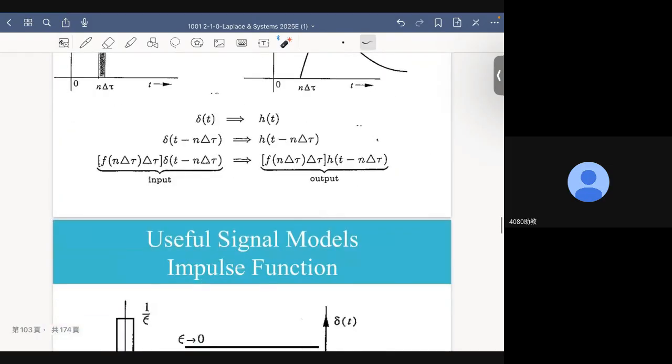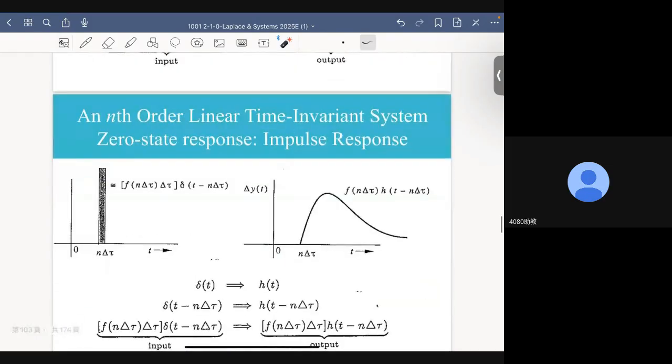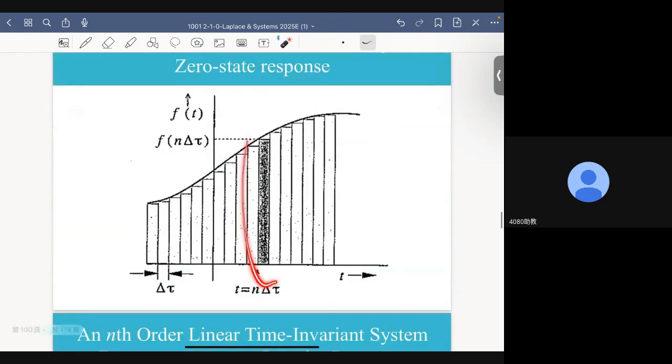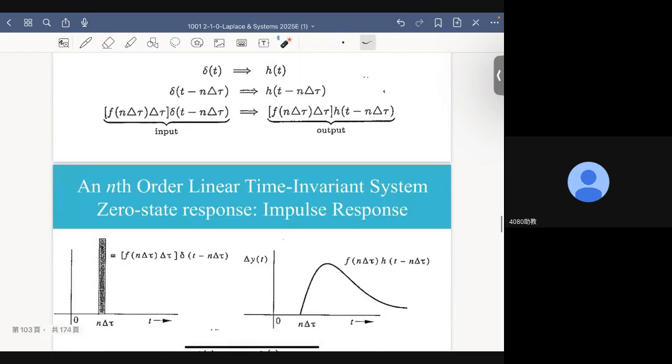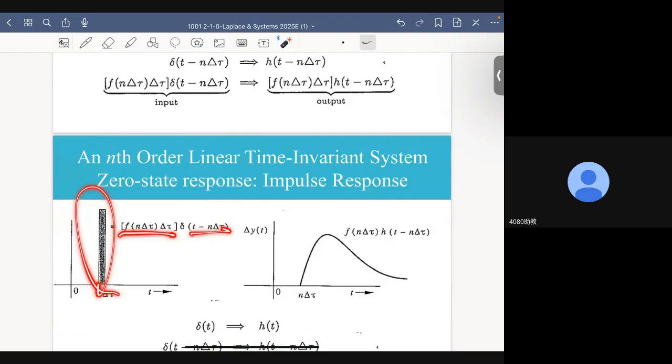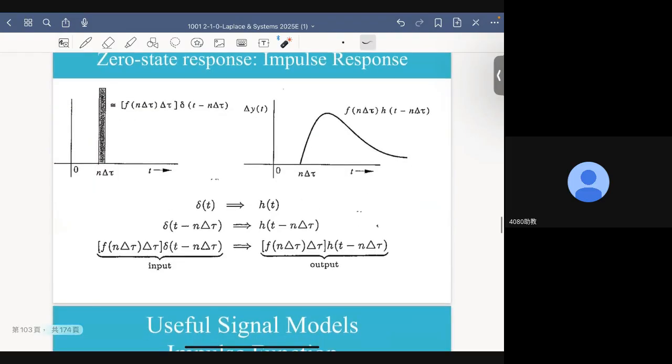So the impulse function represents a signal of unit area, and what we have is not a function of unit area. It has its own size. So we just multiply by the size, the area of that rectangle. And since we are dealing with a linear system, the resulting output will have exactly the same structure, which means I still have the same h, since you still have the same delta.